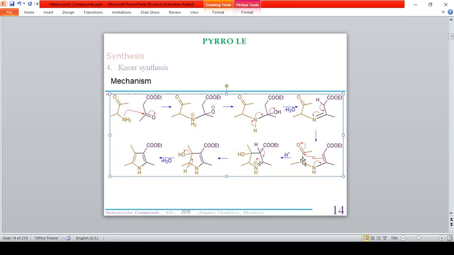But, and there is a big but, this nitrogen became positively charged. It again wants to stabilize itself. So what will happen? Again a proton will be released. There will be a shift in the electrons here. A pi bond will be formed. These pi electrons will shift and stabilize the positive charge on nitrogen. Now what is happening?